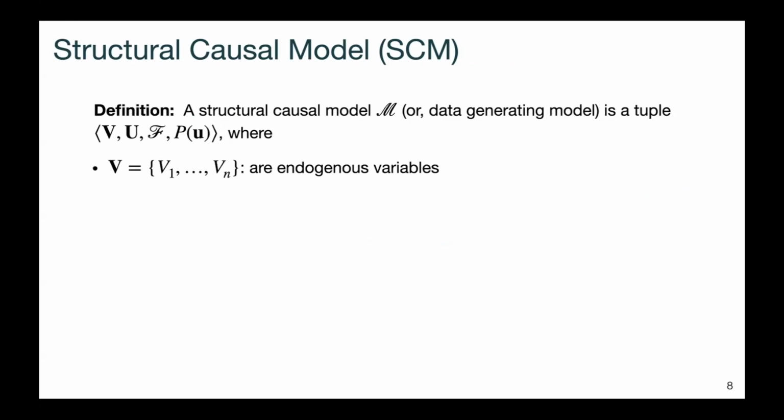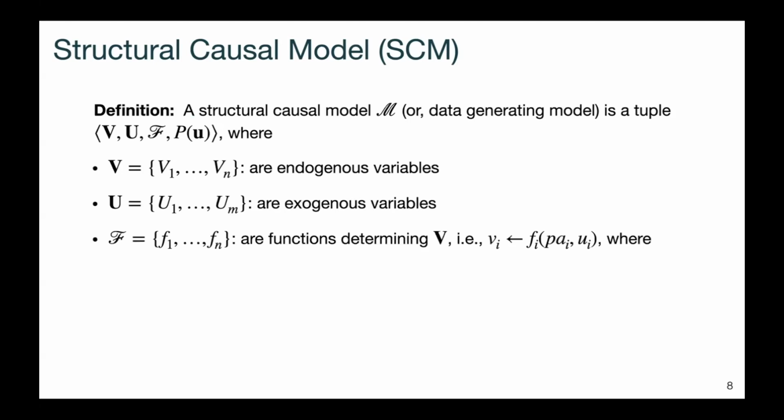First, you have the set of endogenous variables. We will always call it V. Those are the observed variables, right? You also have other variables that are important in the mechanisms. If they are not observed, we call them exogenous, and we represent them with the set U. It will always be like this.